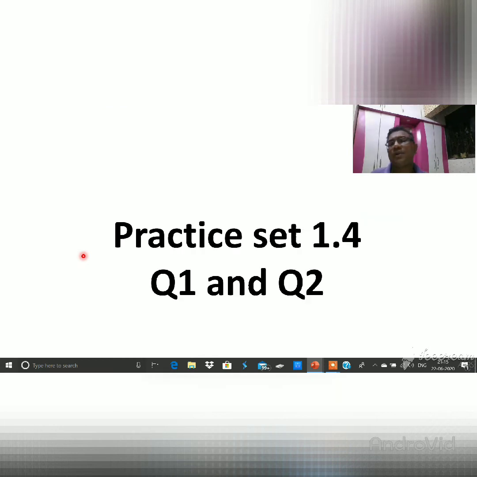So they are equal. That is the basic thing required to solve practice set 1.4 that we are studying now. I hope you understand these basic things. You use this basic knowledge to solve practice set 1.4.